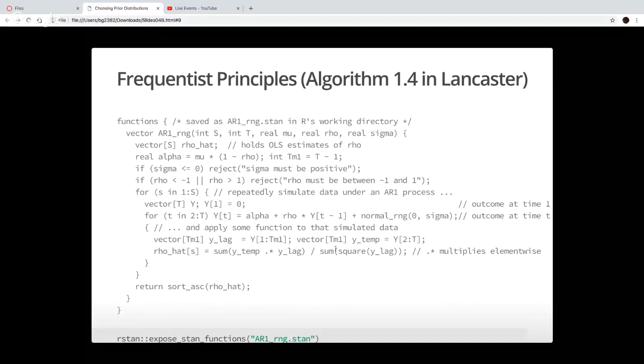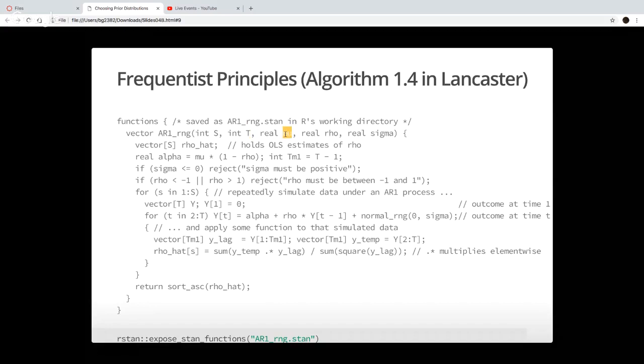Anyway, this is an evaluation of a least squares estimator for the coefficient in an AR1 process. It's going to return a vector of point estimates. It takes an int s, how many simulations I want to do, and t, the number of time periods of data I'm going to use to estimate the coefficient.